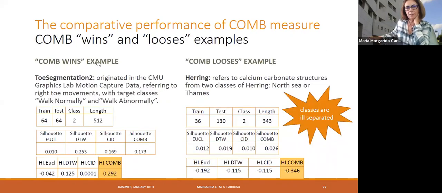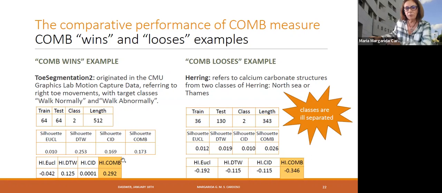So for the comparison between the distances, we also wanted to understand what's happening with these examples where our distance wins and where our distance loses. For instance, the comp distance wins when we refer to this particular data set, which originated in the CMU Graphics Lab motion capture data, referring to right toe movements, and the classes are walk normally and walk abnormally.